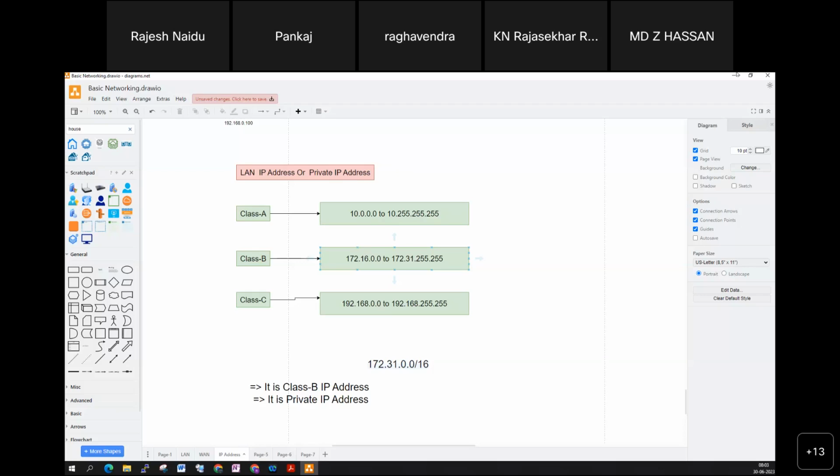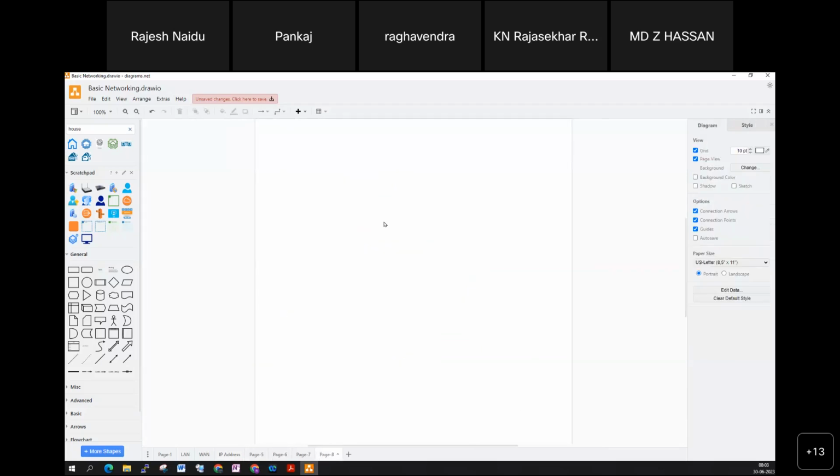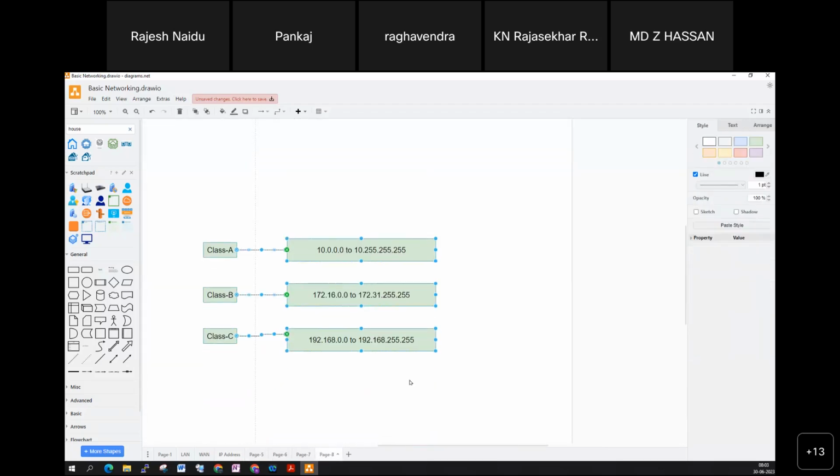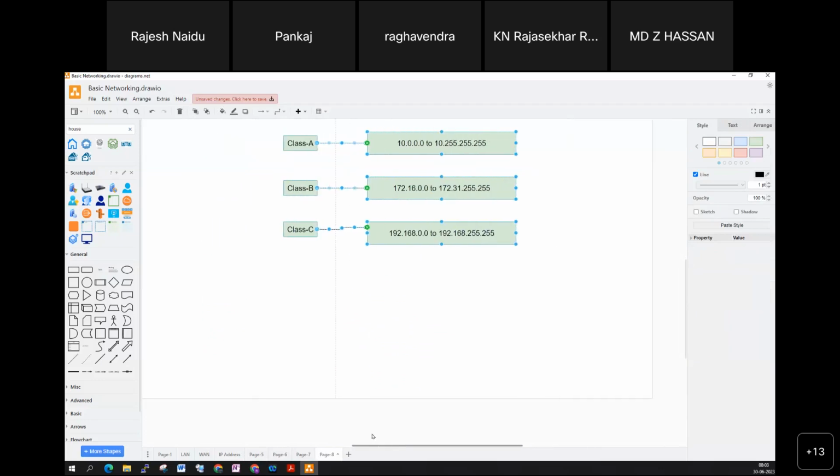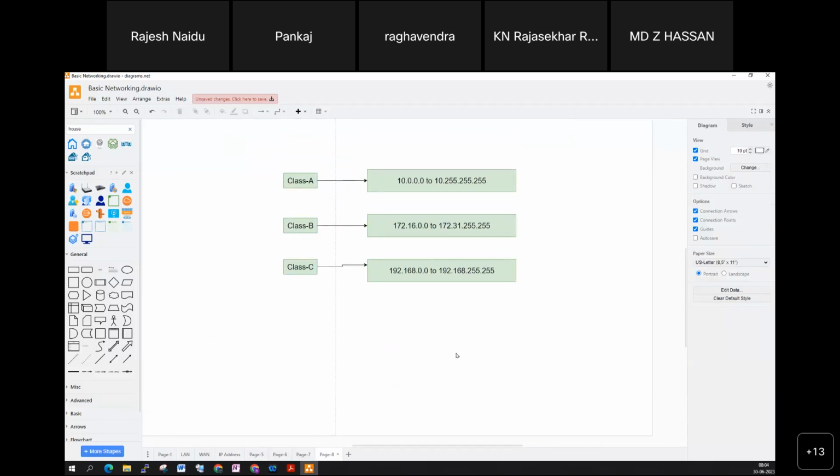Same like that, IP addresses are divided into class A, class B, and class C. This is the private IP address range. Let me take an example for your better understanding. In Madhapur there are so many colonies.